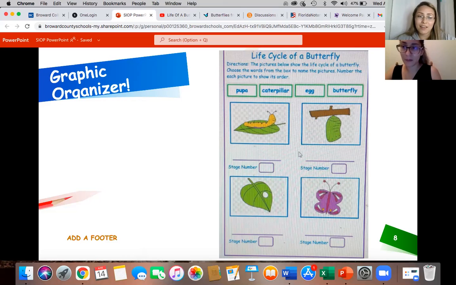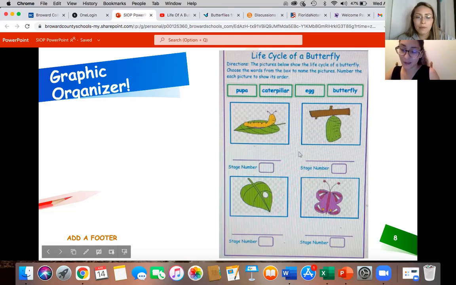Do we think that the egg is where the caterpillar comes from? Yes, I see a lot of thumbs up and a lot of nodding yes. So our first stage will be the egg. So on the stage number, you put the number 1, and then we write the word egg.